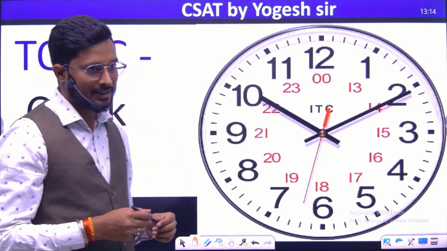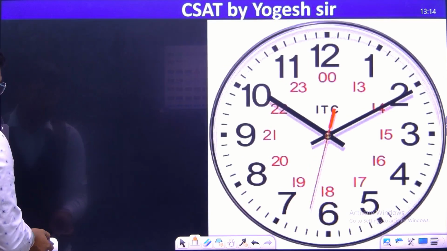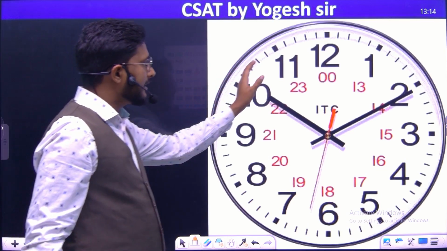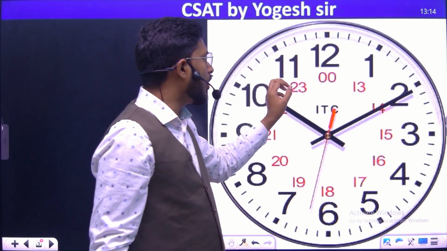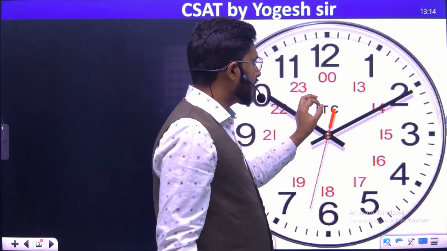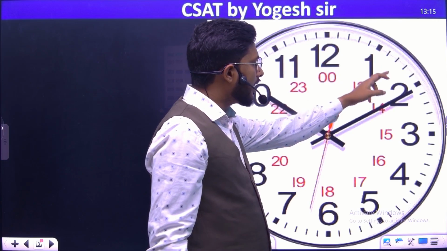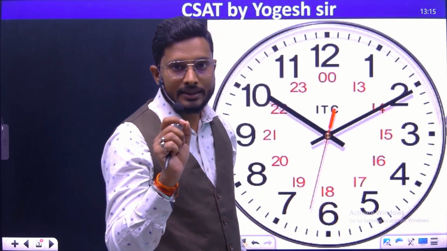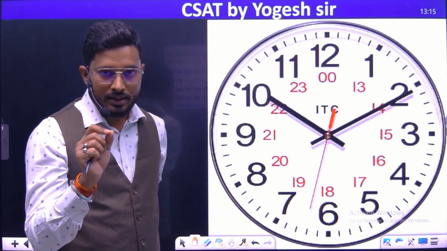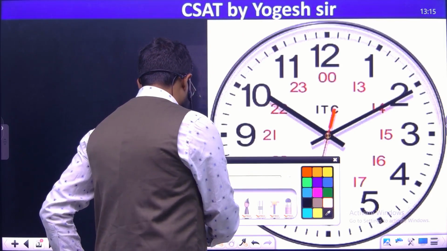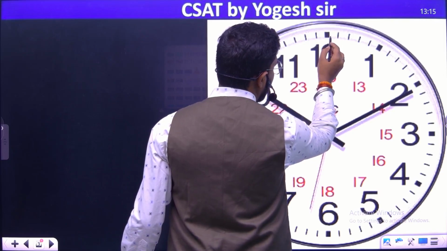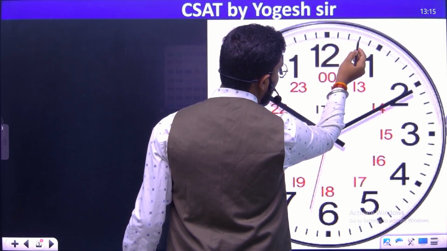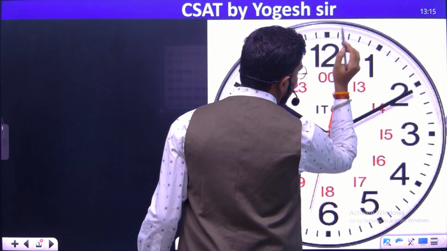So let's suppose this is a clock, and in this clock you can see that there are 60 small parts, which you can also call minutes. 1 minute, 2 minute, 3 minute, 4 minute and 5 minute.